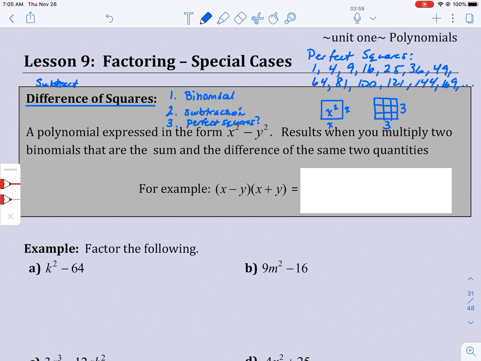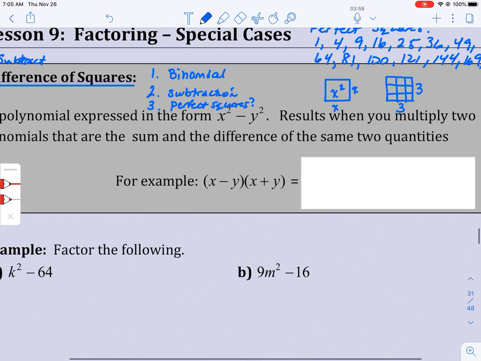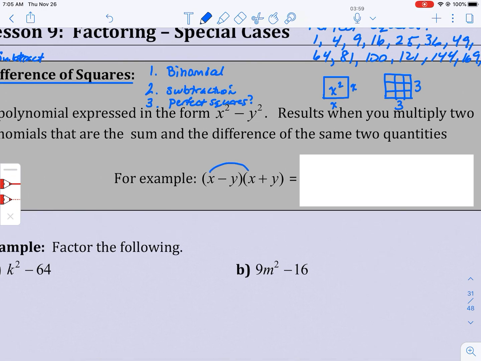So if I take x minus y and x plus y and expand those two factors, I get x times x, which would be x squared, and x times positive y, which gives me xy, negative y times x, which would be a minus xy, and negative y times positive y would be a minus y squared, right?